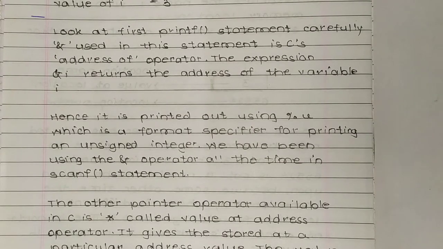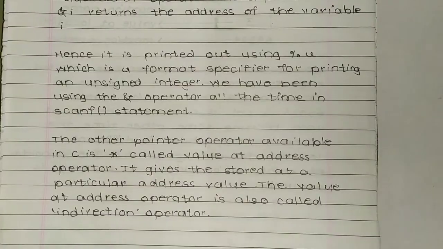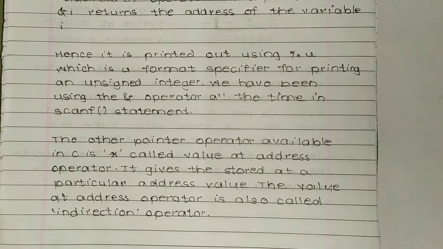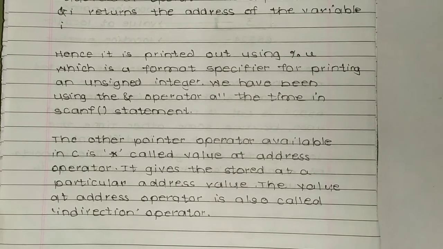So this expression &i is telling us the address of i. Hence it is printed out using %u, which is a format specifier for printing an unsigned integer.